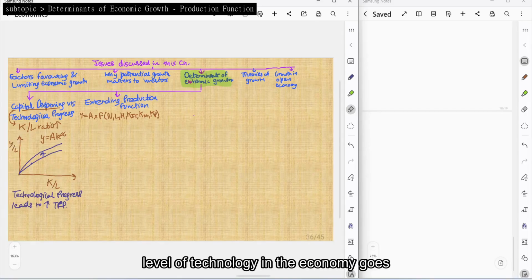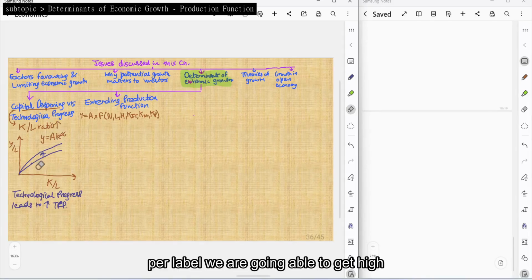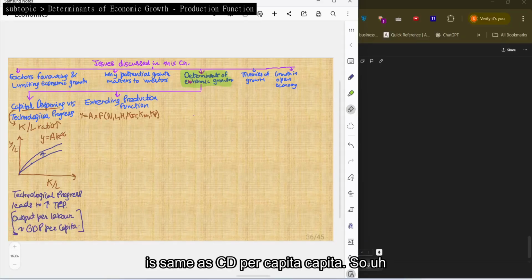So, if the level of technology in the economy goes up, then this curve as a whole shifts upward. With the same labor, we are able to get a higher output per labor. One important conclusion from this graph is that output per labor is the same as GDP per capita.